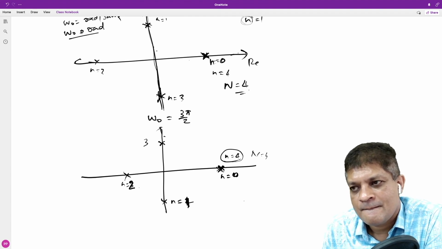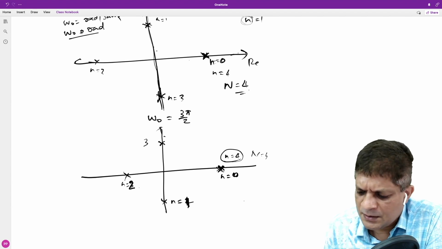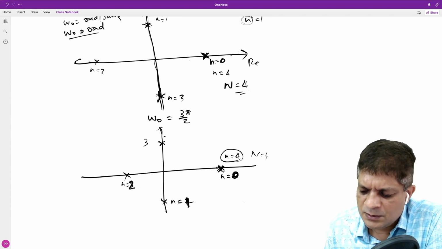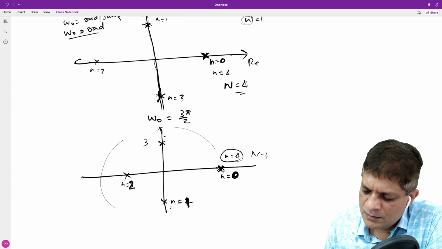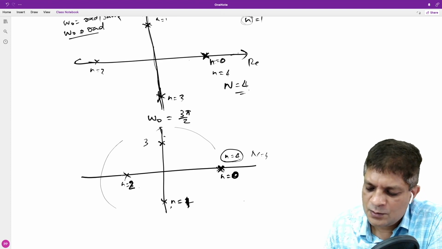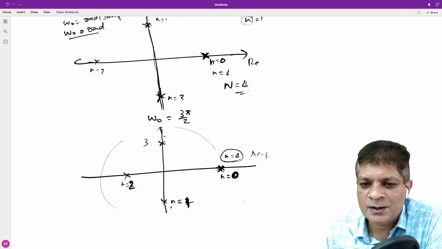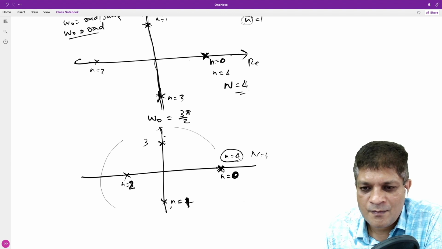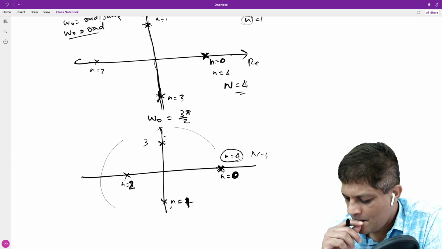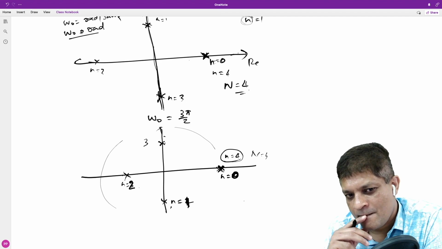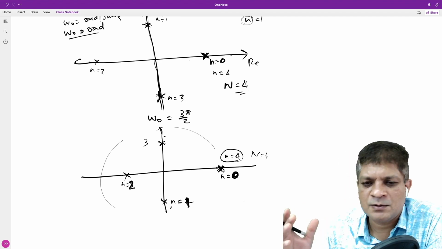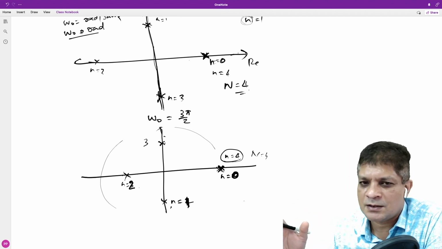Rotating in opposite direction? We are starting with this as 0, then 1, 2, 3. Its rotation is always in the anti-clockwise direction if omega naught is positive. No, it is not an image about the real axis or anything.